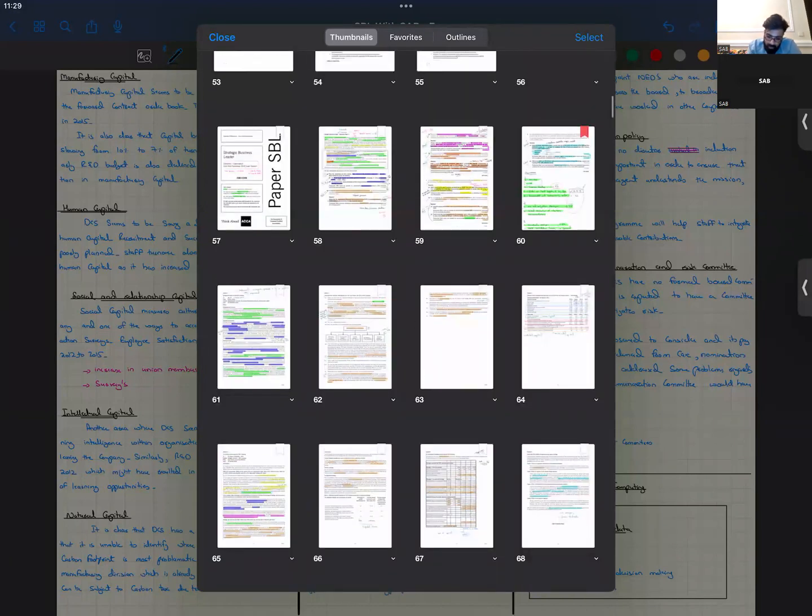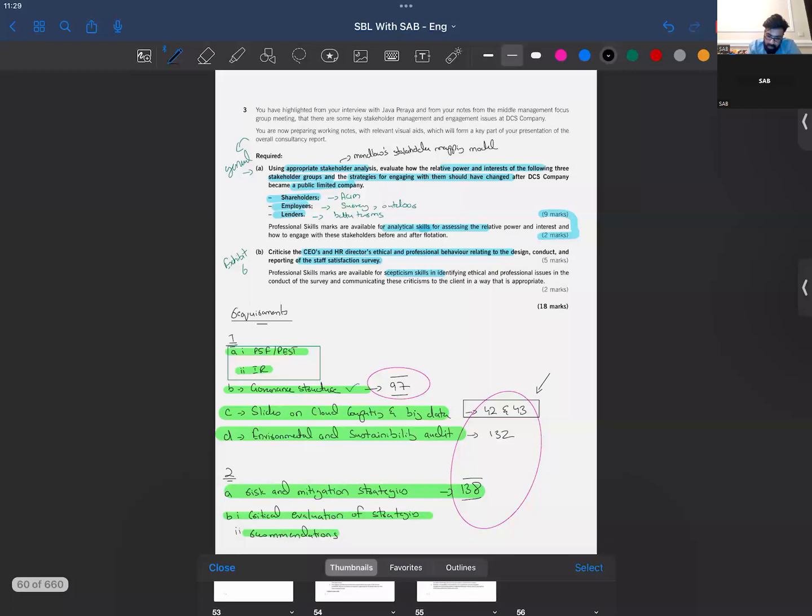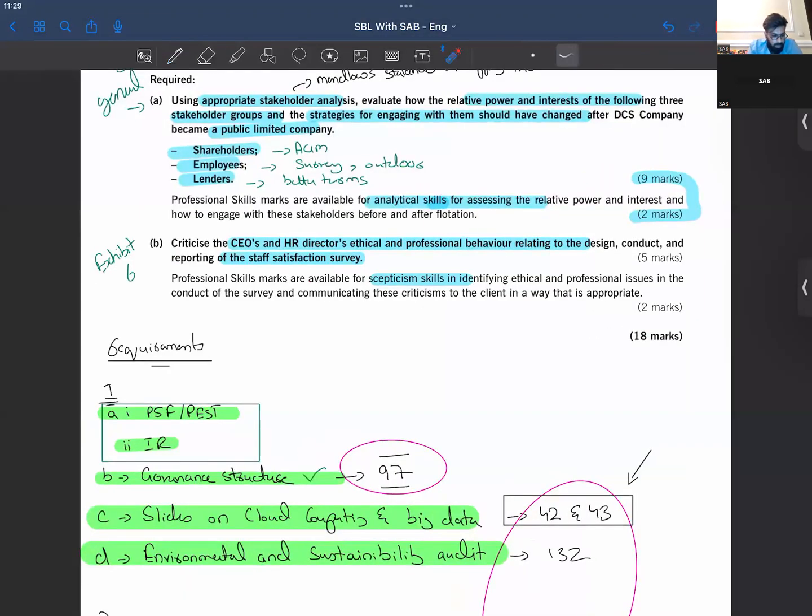The last one is: criticize the CEO's and HR director's ethical and professional behavior relating to the design, conduct and reporting of the staff satisfaction survey, and skepticism skills.